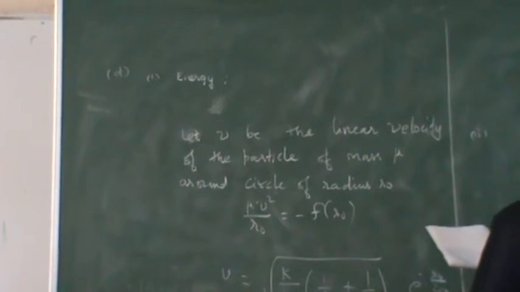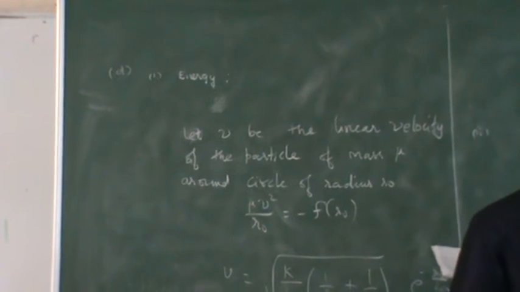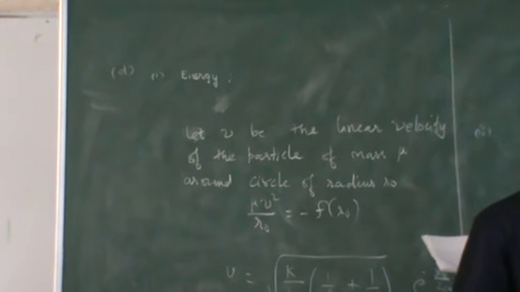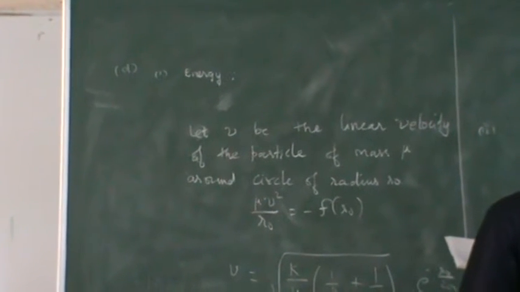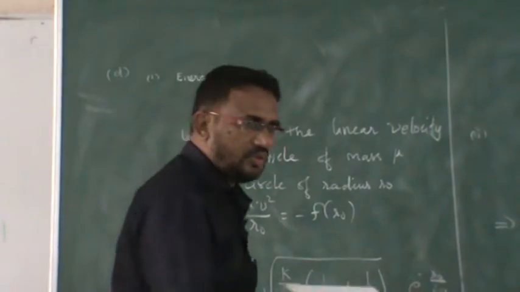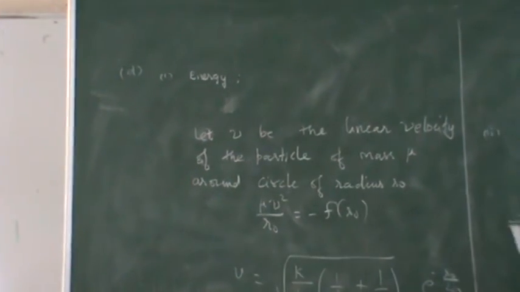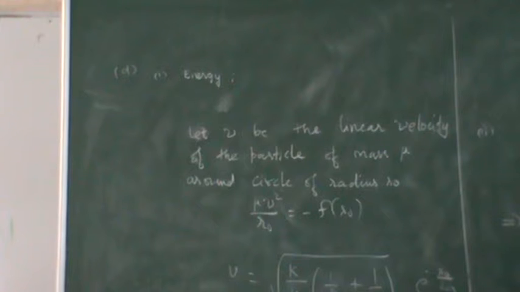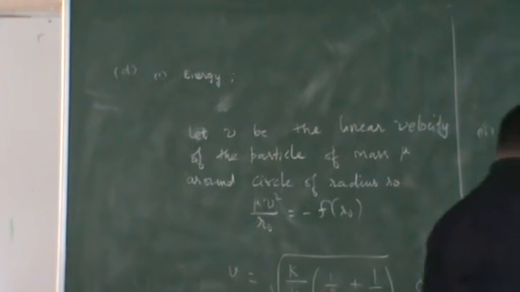So if you compute the magnitude of this angular momentum, this is simply r naught mu v, and v is known to you, and you can substitute, get linear momentum, angular momentum. You get the answer as k mu, 1 plus r naught by a, and e power minus r naught by 2a.